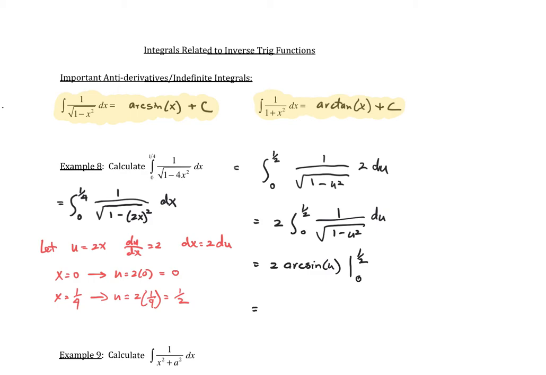So we have arcsine of 1/2 minus arcsine of 0. Arcsine of 1/2 is equal to pi over 6, and arcsine of 0 is just 0. So we get a final answer of pi over 6 times the constant factor out front, giving pi over 3.